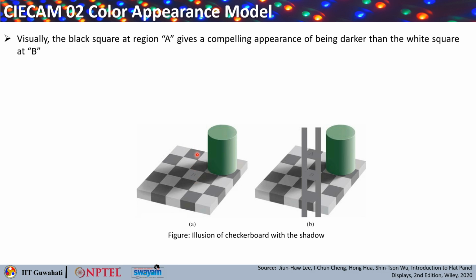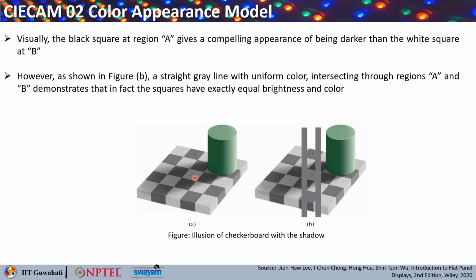So you can clearly say this is dark and this is a bright square. Now as soon as you draw this straight gray line with uniform color and look into these two squares, nothing else has changed.